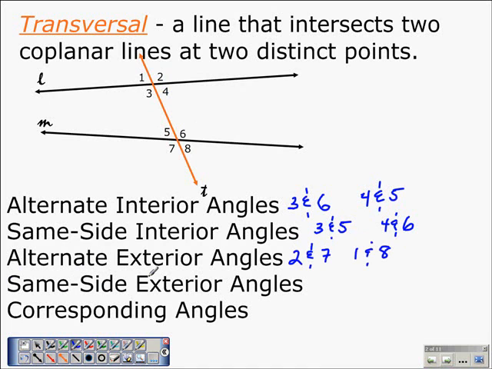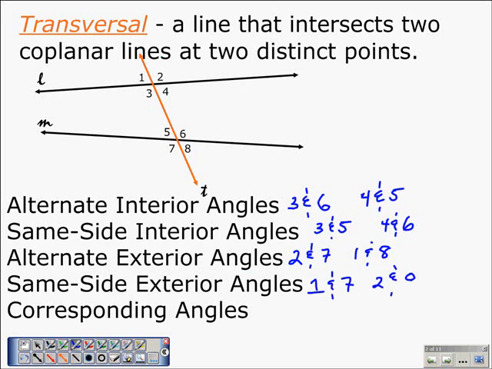Same side exterior angles, just like same side interior angles, but they're going to be on the outside. So angle 1 and angle 7, and angle 2 and angle 8.